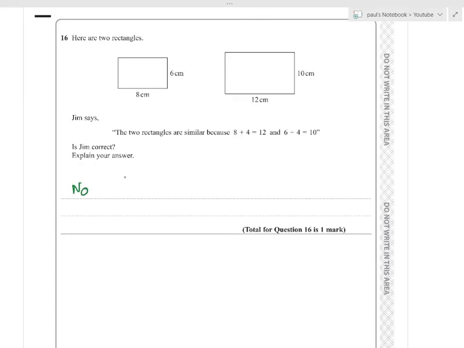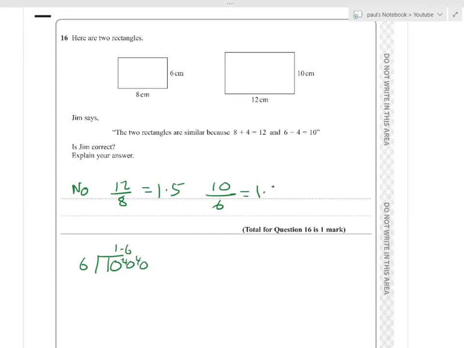No. Because 12 divided by 8 equals 1.5, and 10 divided by 6 is not, is it? 6 into 10 goes 1 with 4 over. 6 into 40 with 4 over.